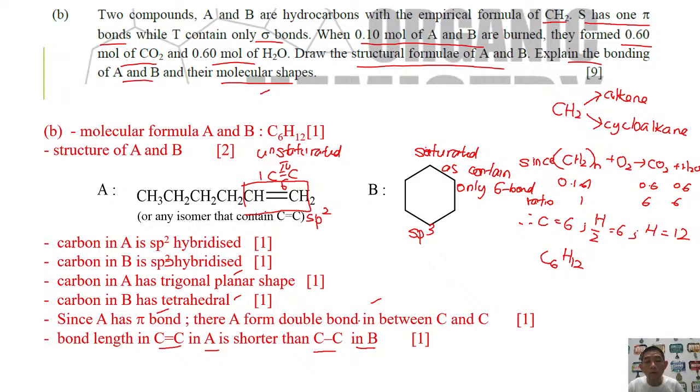So that's why I said organic sometimes can be very tricky, because the greater the marks, the more things that you have to explain. If I were a student, I would even put the angles. This is 120 degrees, and this one is 109.5, for example, like this.